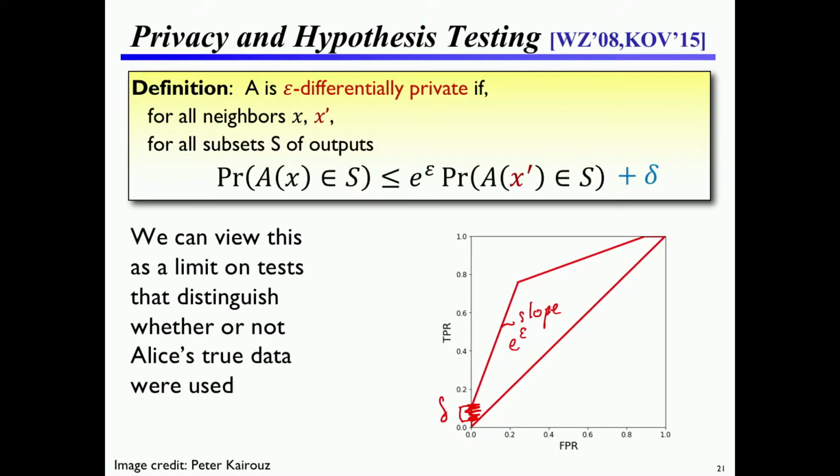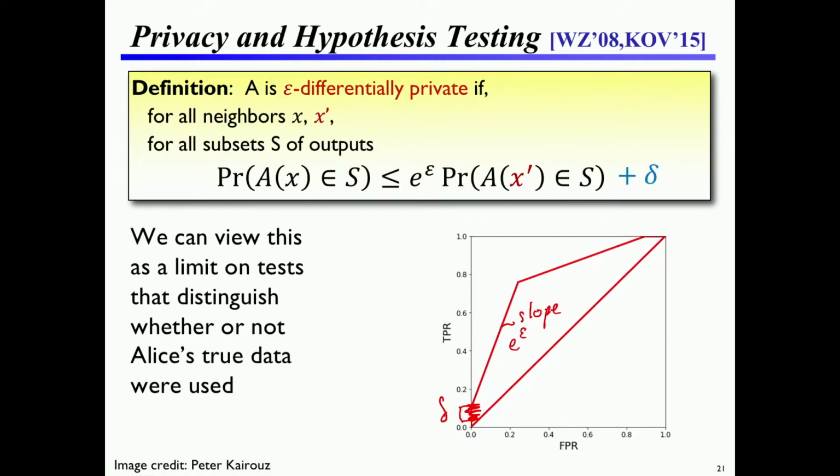And then this relates to these membership inference attacks we were talking about earlier. So this view tells you that it limits the types of pairs you could possibly get. So if delta is very small, you're not even going to see the delta on this plot, right? And if epsilon is modest, maybe it'll look like this, right? And so that rules out, in particular, anything in the green ellipse.